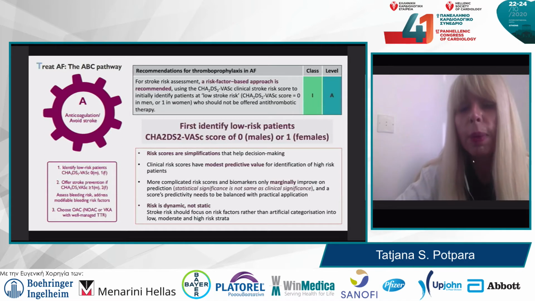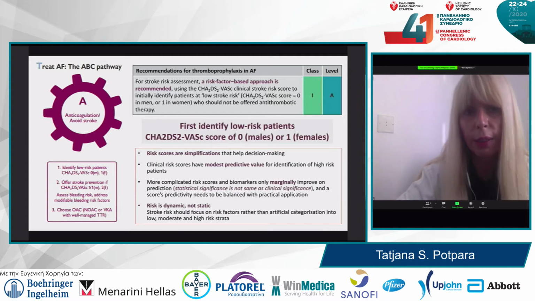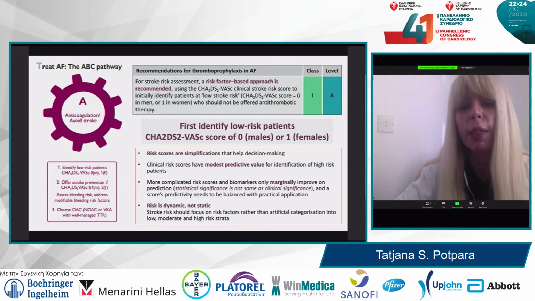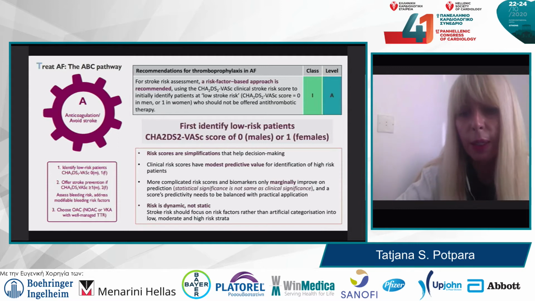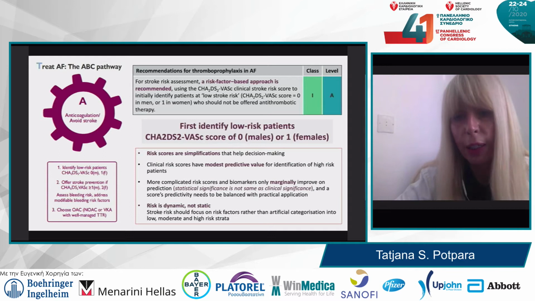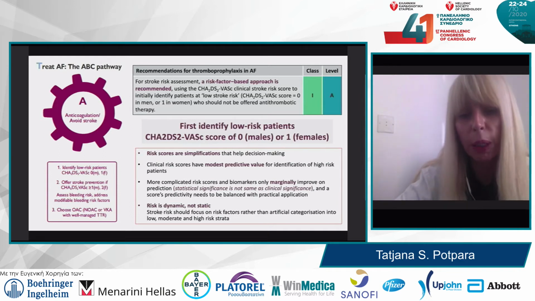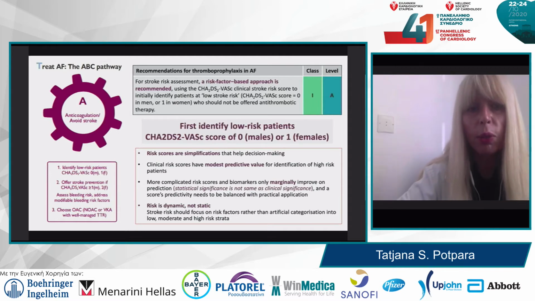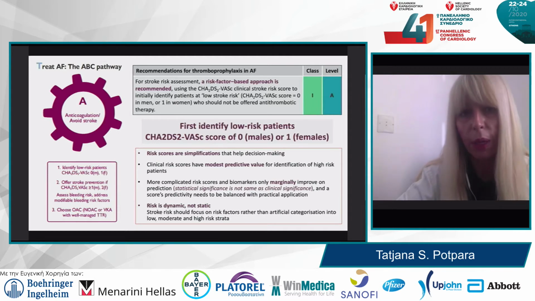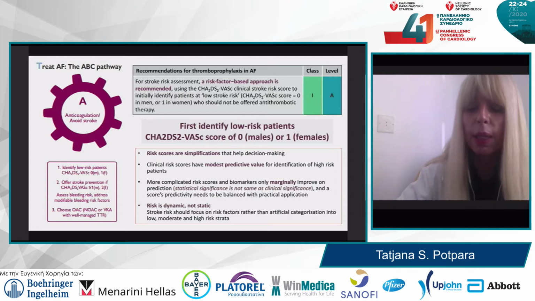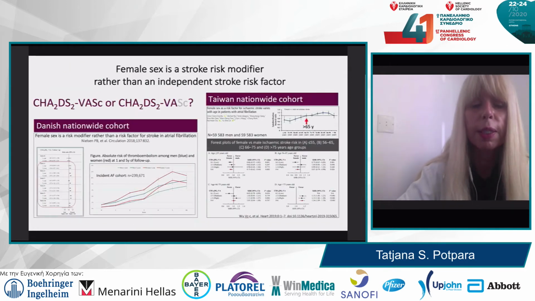They do marginally improve on predictivity of a risk score. At least they improve statistical significance, but statistical significance is not the same as clinical relevance. And the score is expected to be user-friendly, and we need to balance stroke's predictivity against its practical application. Also, stroke and bleeding risk in atrial fibrillation are dynamic, and we will discuss that soon after this.